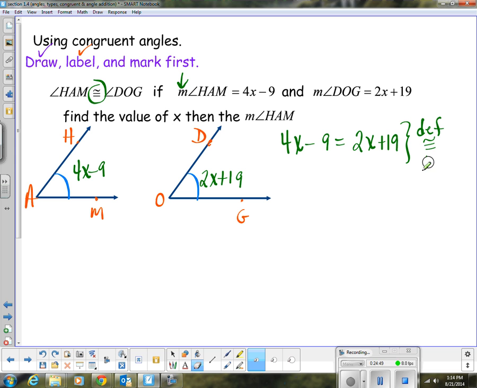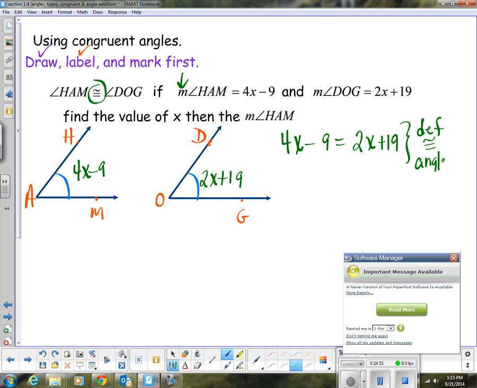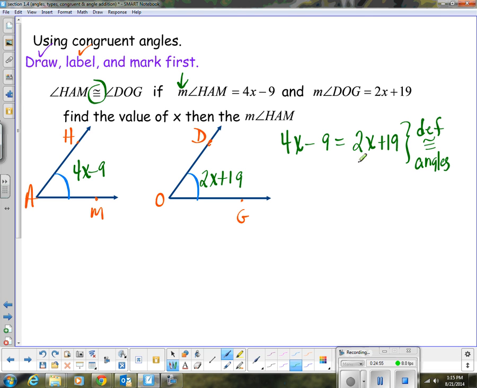Definition of congruent angles. So now you're going to subtract 2x. So you're going to have 2x minus 9 equals 19. We're going to add 9. So 2x equals 28. We're going to divide by 2. X is equal to 14.